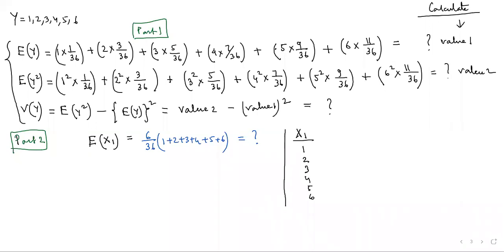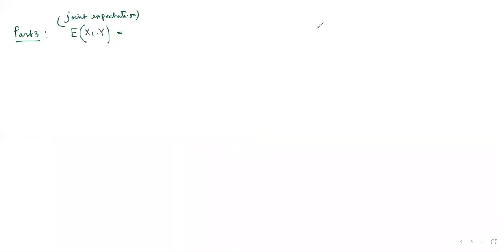Now, actually, what happens is that whenever we talk about the joint random variable, say for example, expectation of x, y, we consider the double sum. If it is a discrete case, we consider the double summation.